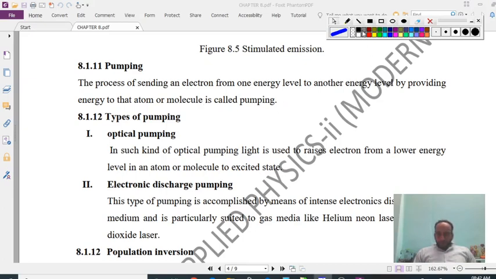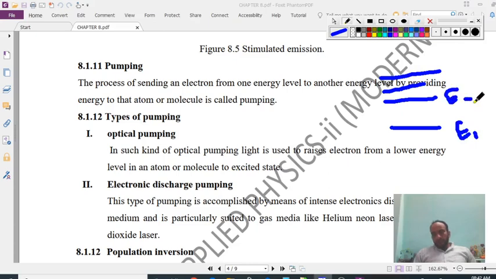Pumping means if we have two or more energy levels, the electron in ground energy level can be excited to higher energy levels by providing the necessary energy to electrons in the ground state. This is called pumping. Pumping means we are exciting electrons from ground state to higher excited states.